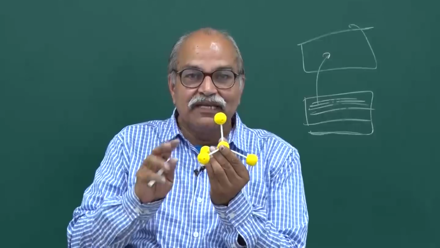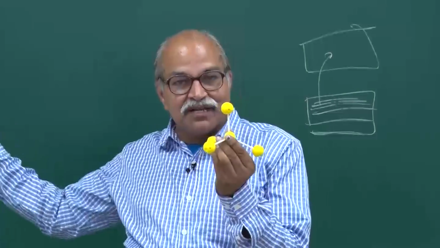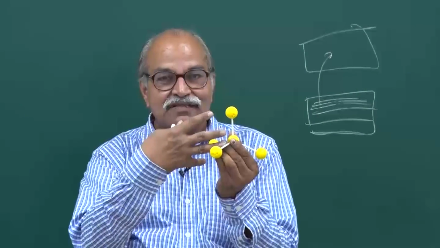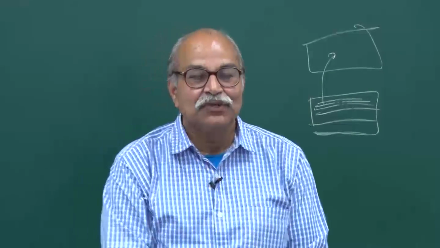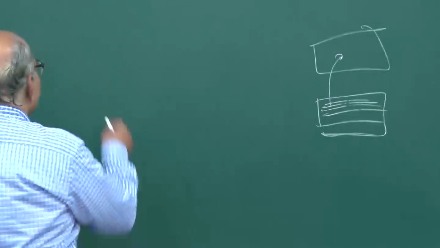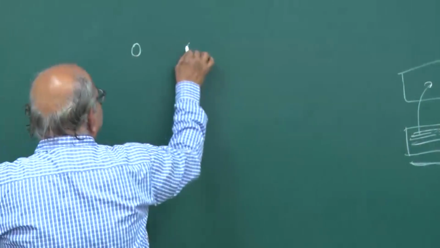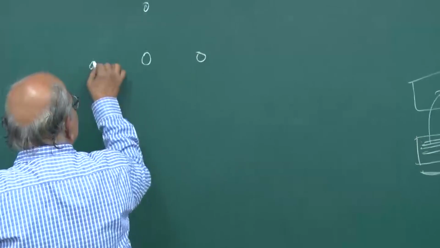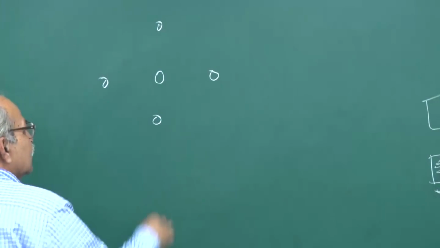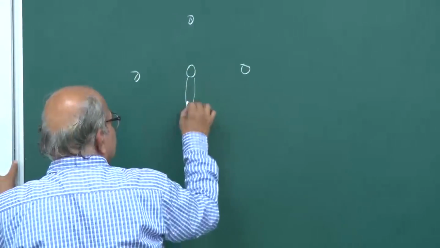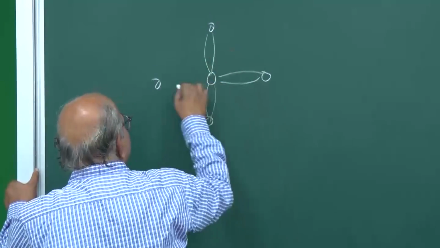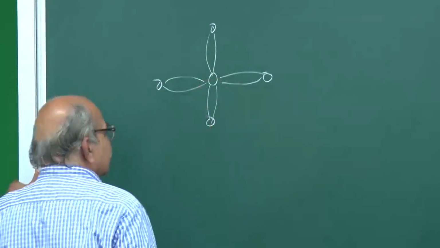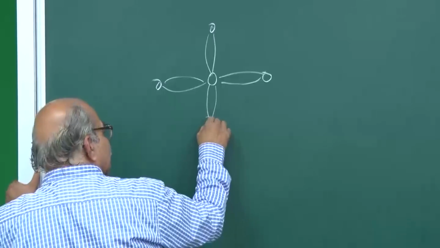If I draw a 2-dimensional picture of this, each silicon is bonded to 4 of them. So for discussion, I can draw a picture like this: 1, 2, 3 and 4. So this is bonded. 2 sp3 electrons are here, 2 sp3 electrons are here, 2 sp3 electrons are here, like that. And then this is also bonded to 4 of them.